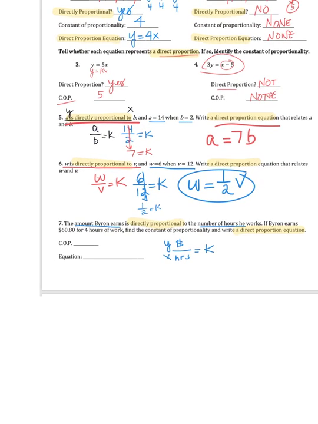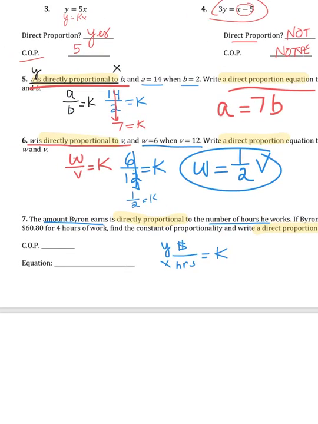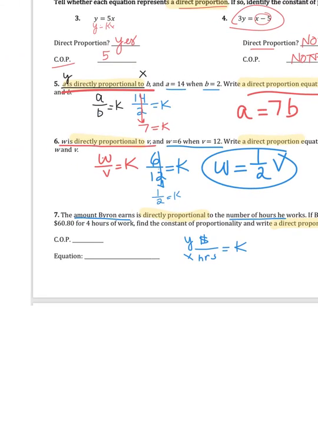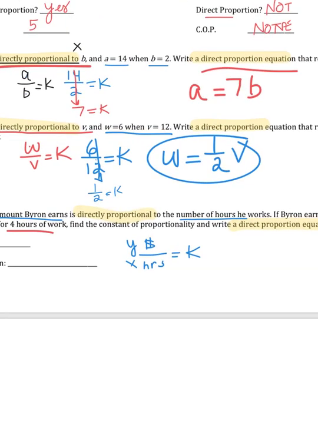Since they didn't give us any variables here, y over x equals k. So what was the amount he earned? He made $60.80 for 4 hours. So the amount he earned, $60.80. The number of hours was 4 hours.